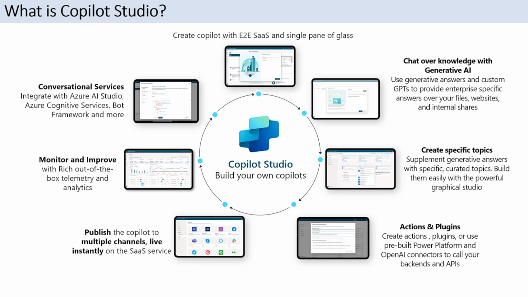Those topics provide some generative AI capabilities, some standard AI capabilities, and we also provide actions and plugins which customers can build by themselves to leverage their third-party application capabilities, and they can publish, monitor, and improve afterwards. So finally, we want to provide conversational services via Copilot Studio so that customers will have their own bot, which is dedicated to their business.